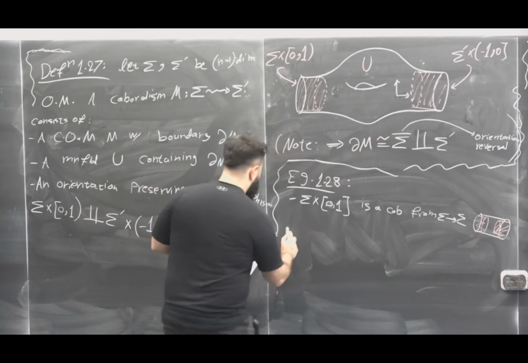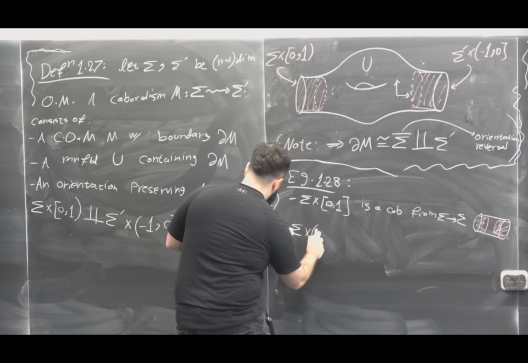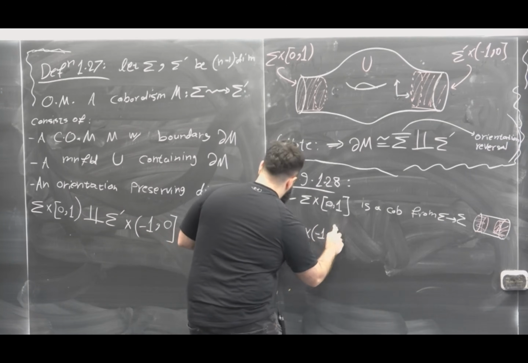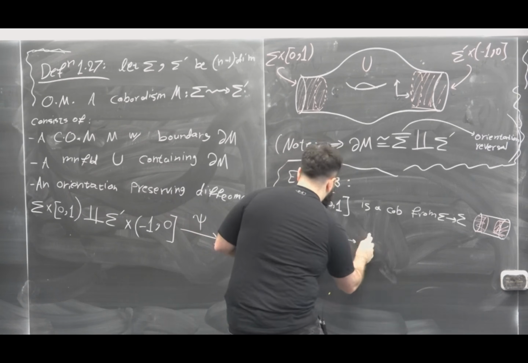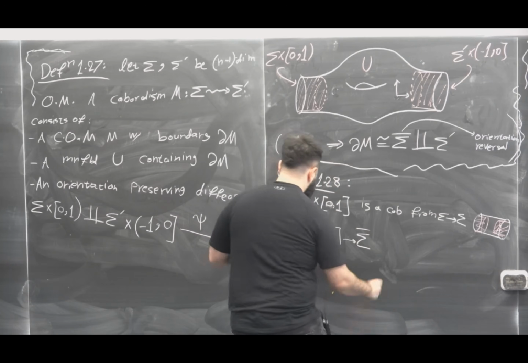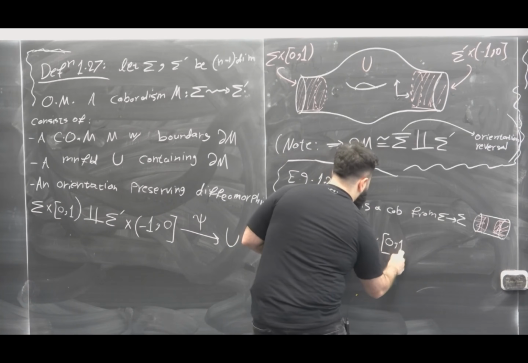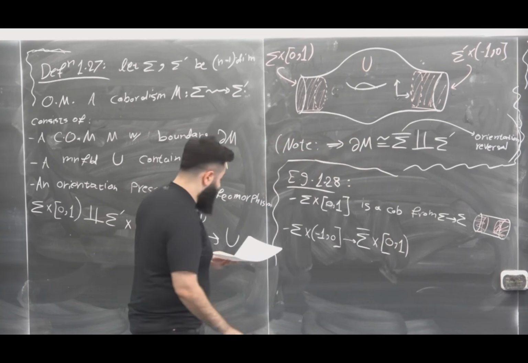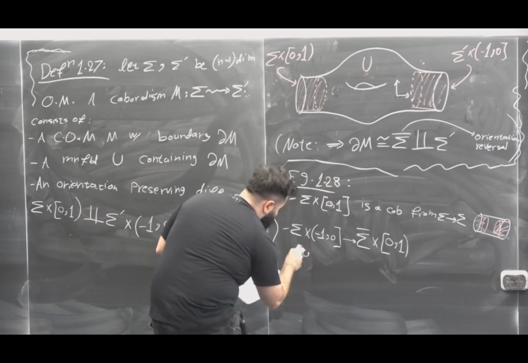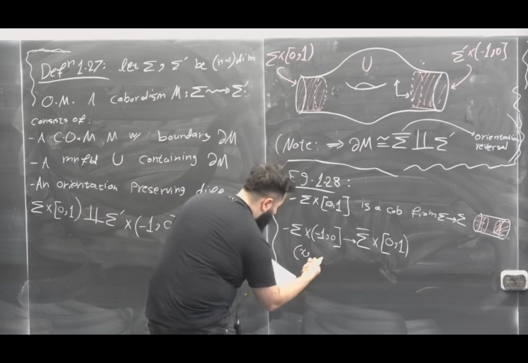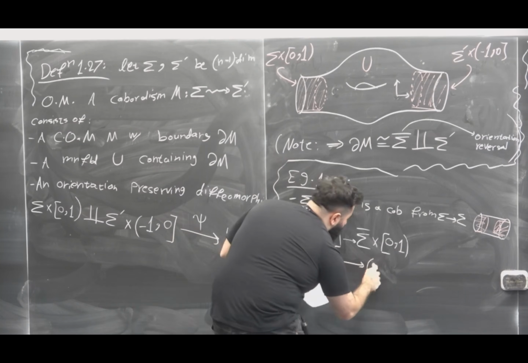Another example, sigma cross the half-open interval to the orientation reversal of sigma cross 0 and 1. Element-wise, what happens here is that in components, x and t go to x and negative t.